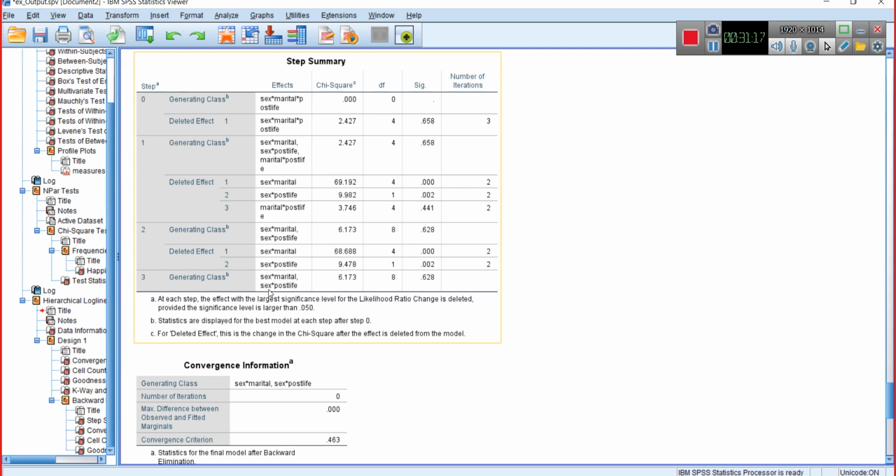For example, in this case, the result shows that females are less non-believers than men.